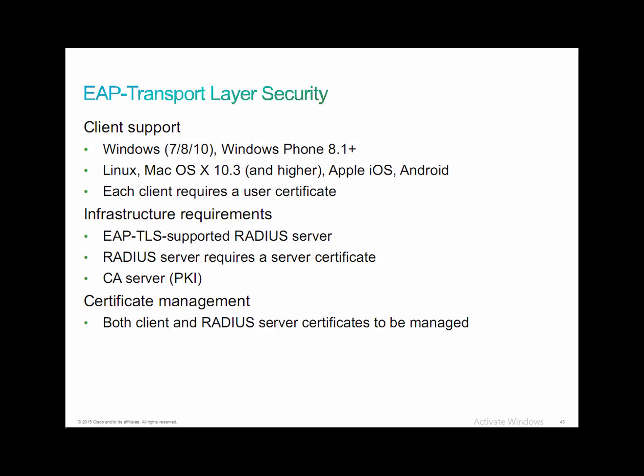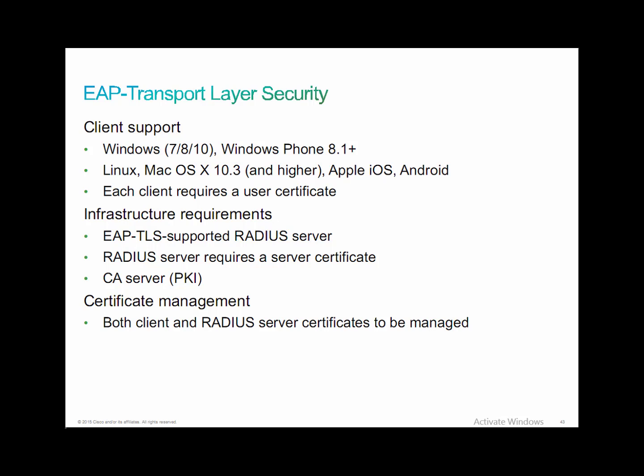The maintenance of this is where it becomes critical, right? The maintenance of the CA, which is part of that public key infrastructure, could be a little bit overwhelming, kind of a barrier to getting into EAP-TLS, because maybe you don't have the cycles or the resources to manage that process.